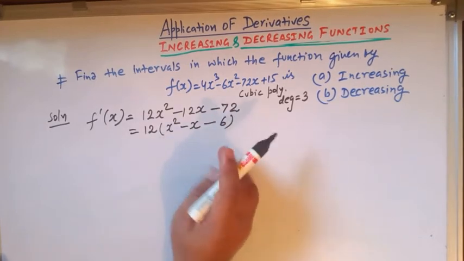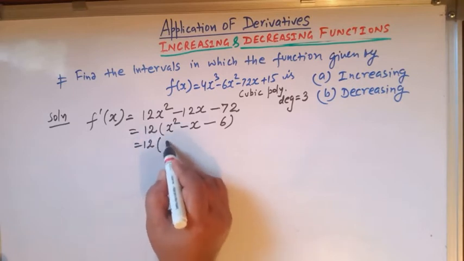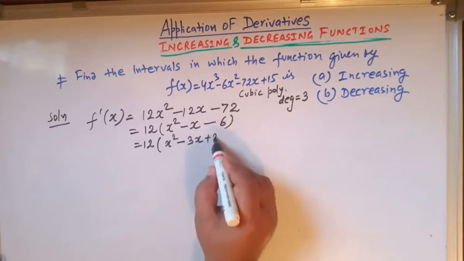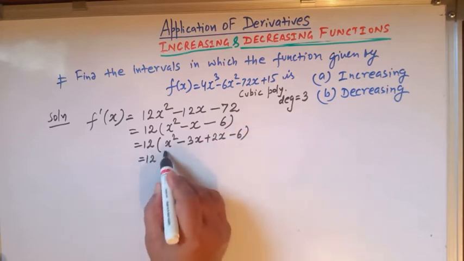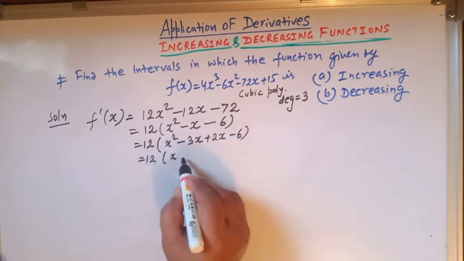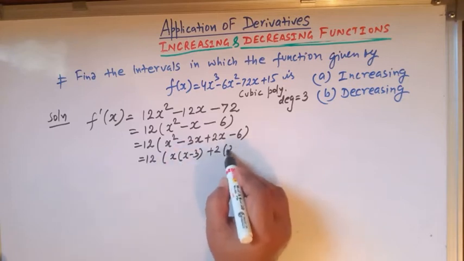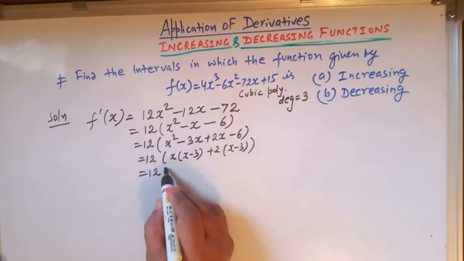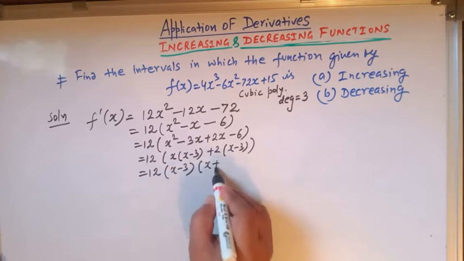Now here we have a quadratic polynomial, so let us factorize it. We have x square minus 3x plus 2x, which gives minus 6, so we have 12 times x minus 3, and then x plus 2, that is, 12 times (x minus 3)(x plus 2).